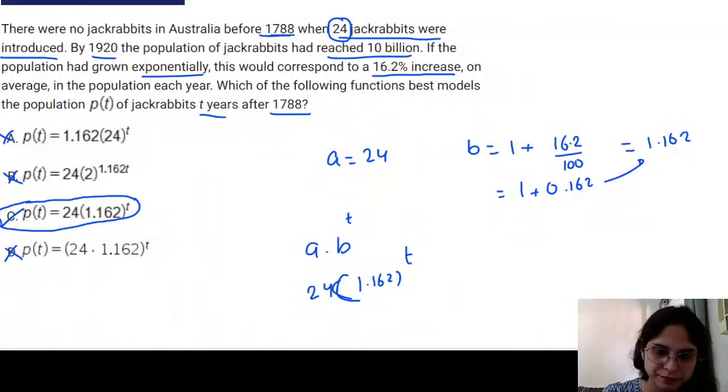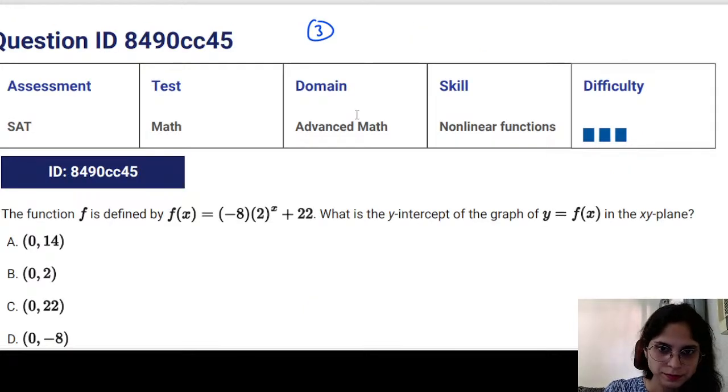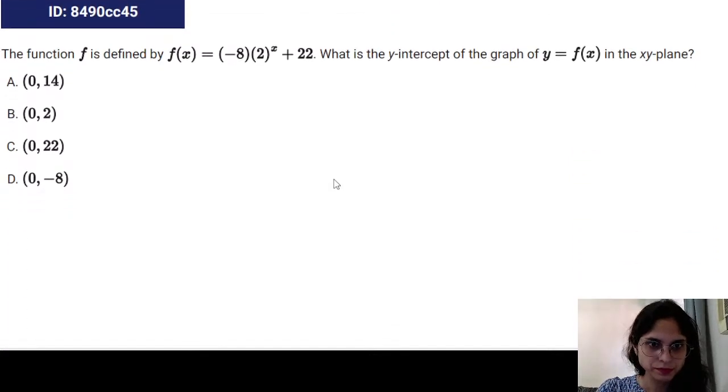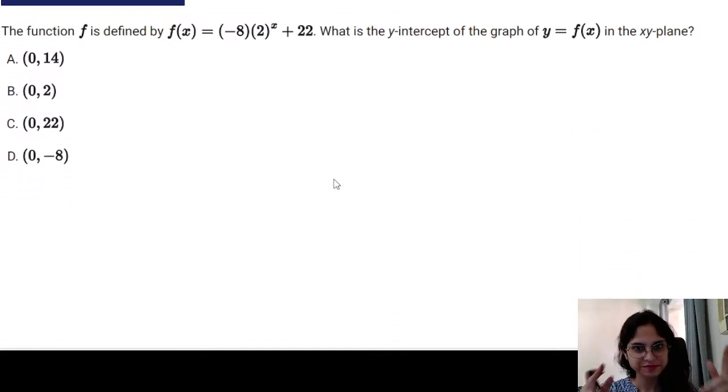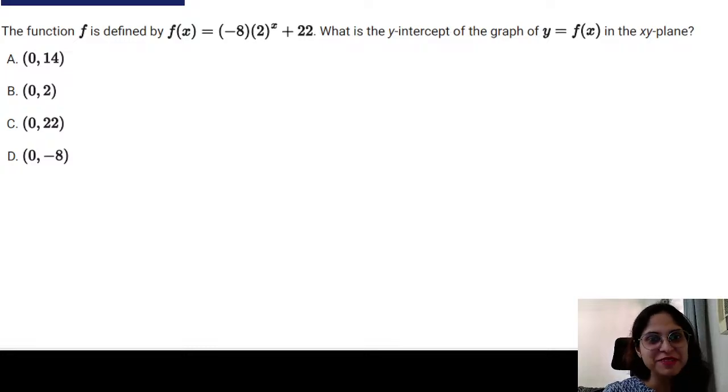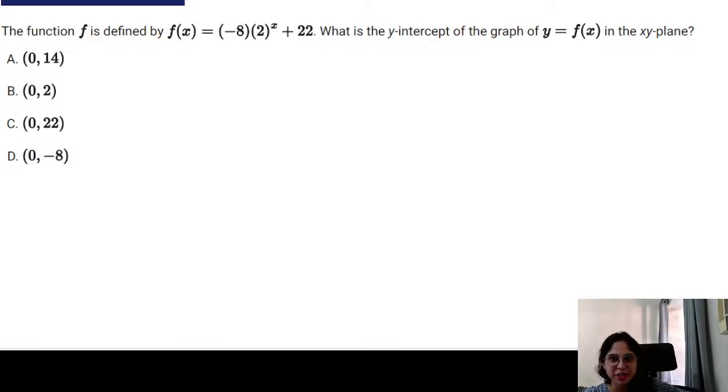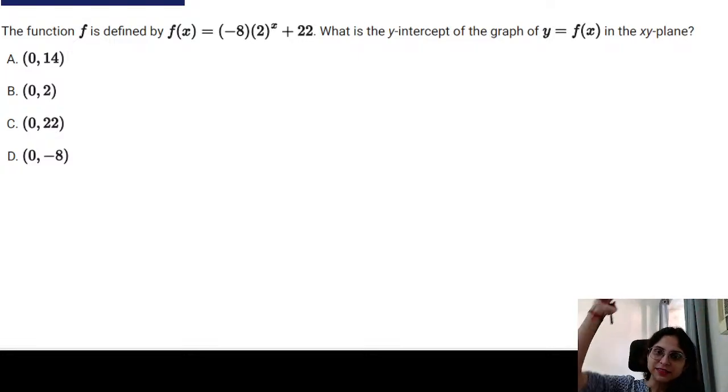So let's get started. First question is question number 3. That's page number 3. So now you have been seeing that I am directly writing the A value as y-intercept. So you will directly say y-intercept is going to be -8 and you will type the answer D. But that is where they will take you.